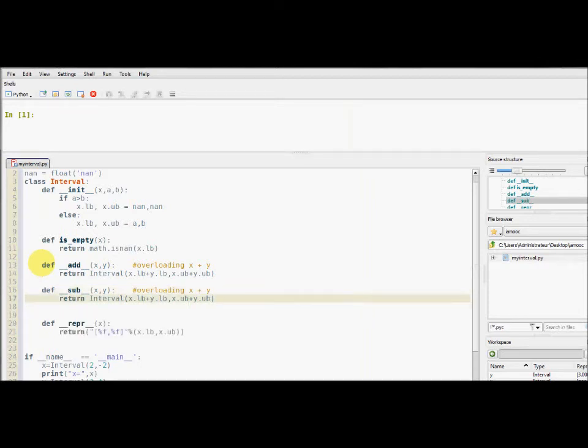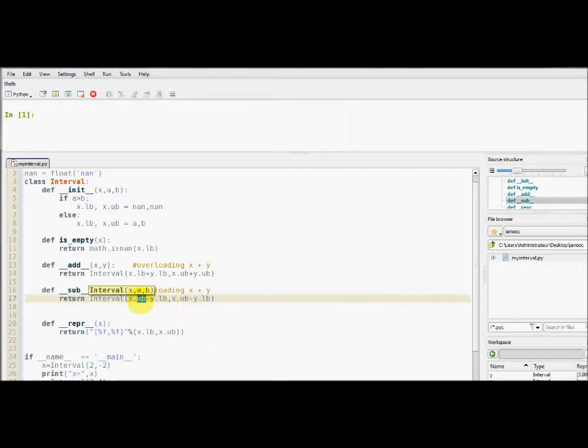Here I will return the upper bound of x minus the lower bound, and the lower bound of x minus upper bound of x minus lower bound of y.